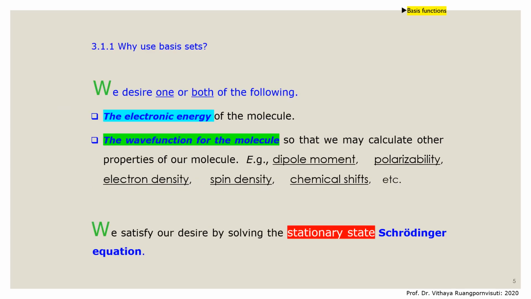We desire one or both of the following. The first, we get the electronic energy of the molecule.